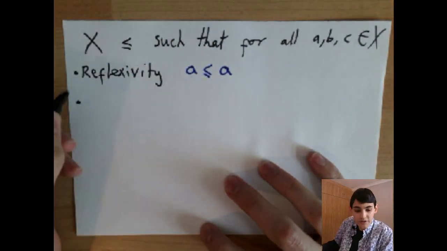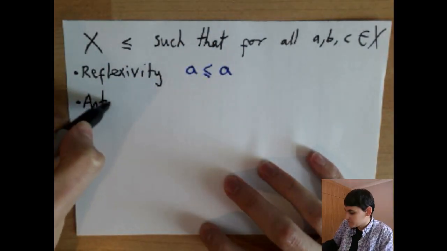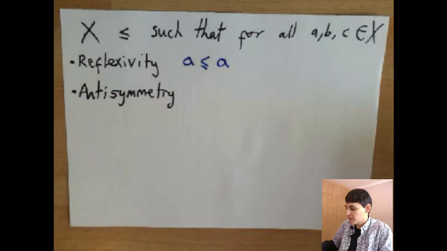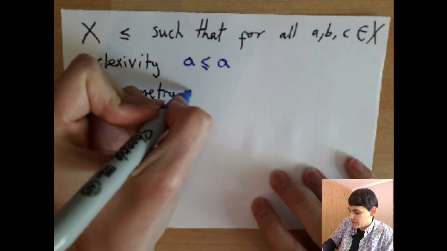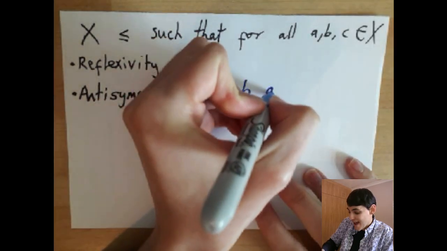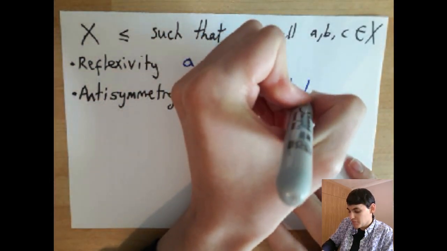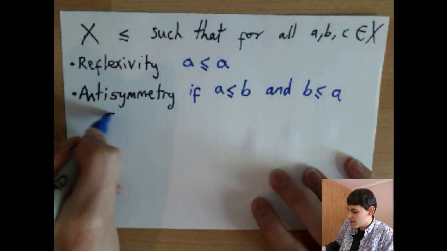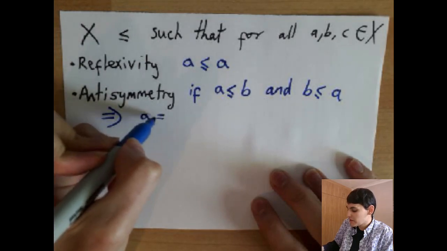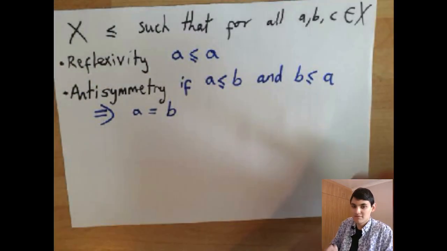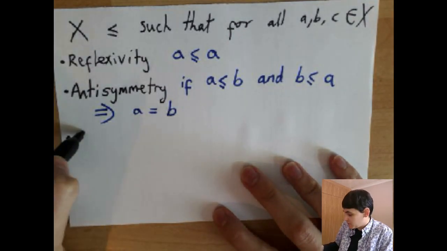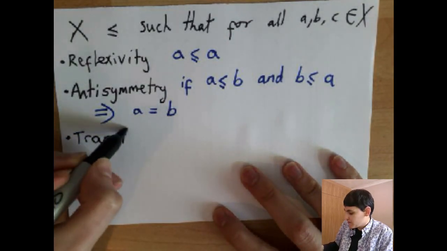We have antisymmetry, and that is where if A is less than or equal to B and B is less than or equal to A, then that implies that A must equal B. And finally we've got transitivity.